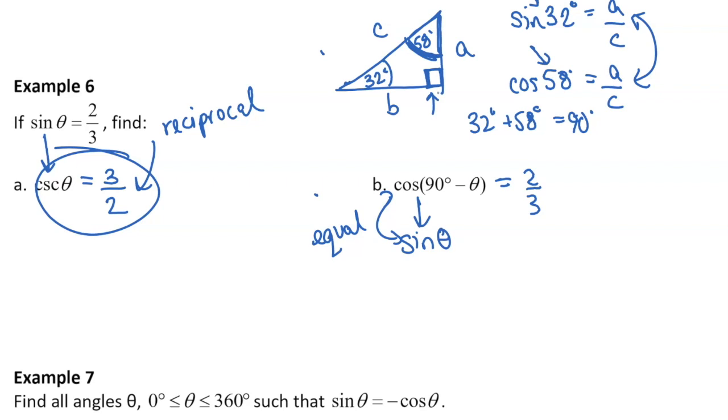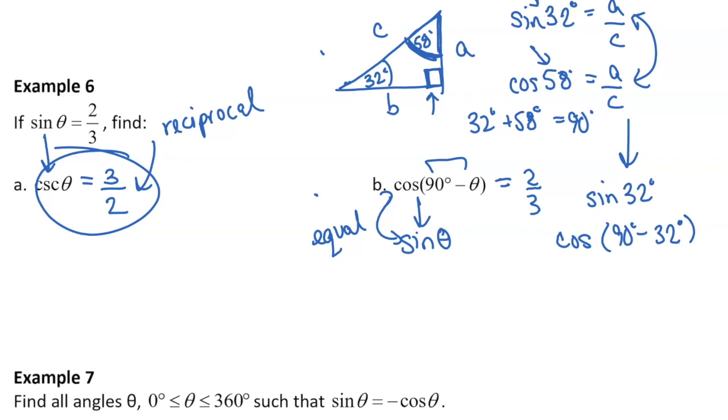And so then what you could say here is, let's continue on this example, sine of 32 degrees would be equal to cosine of 90 minus 32 degrees.